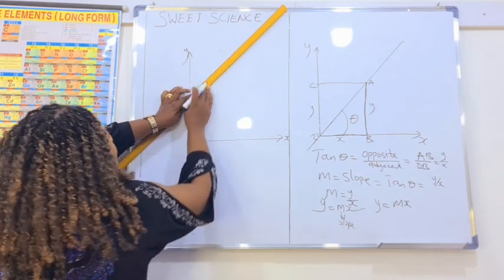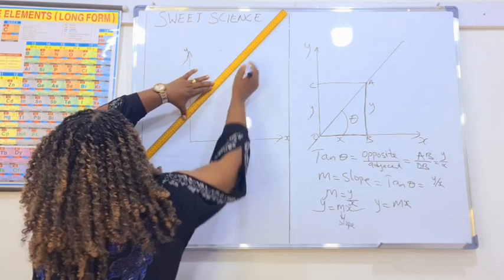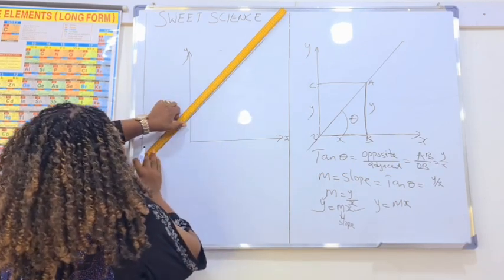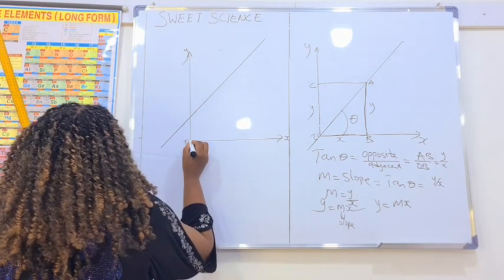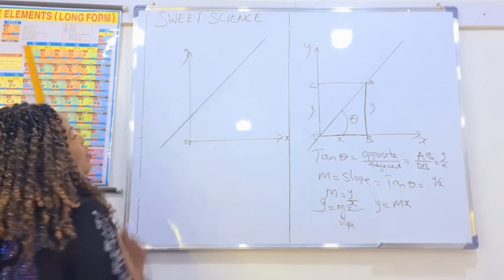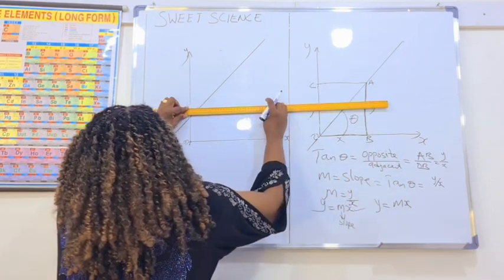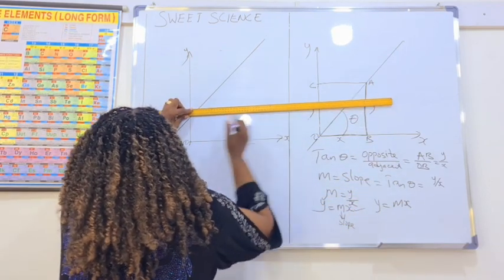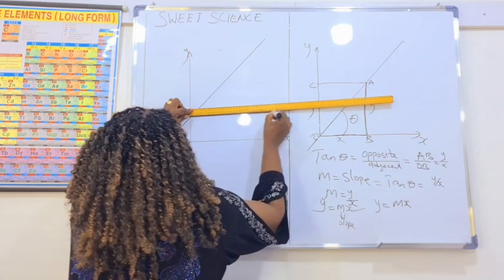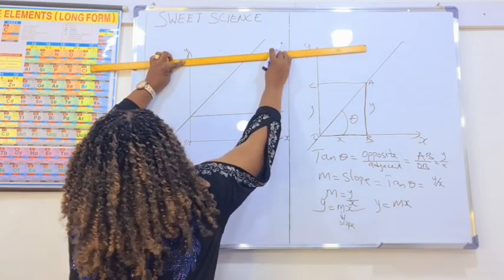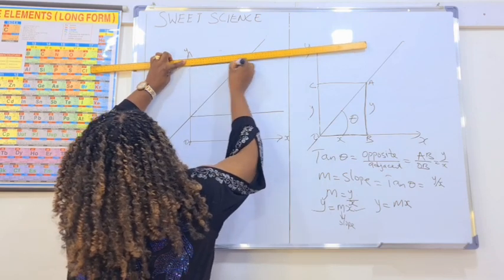And remember, we said the line of best fit now is not passing through the origin. See our origin here. Then we want to draw and cut out our triangle.